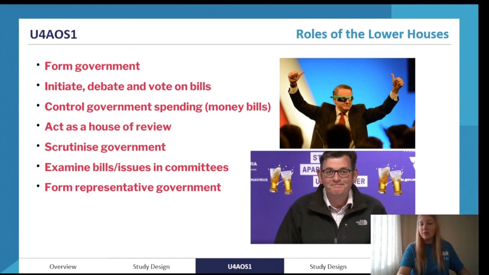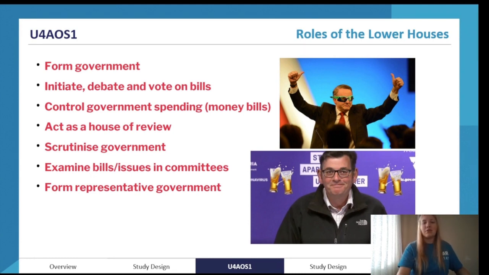They also control government spending, so they can initiate and pass money bills, and essentially decide how money should be spent on the country. The Senate or the upper house cannot do this. So this is a difference in their roles. They don't handle money bills.